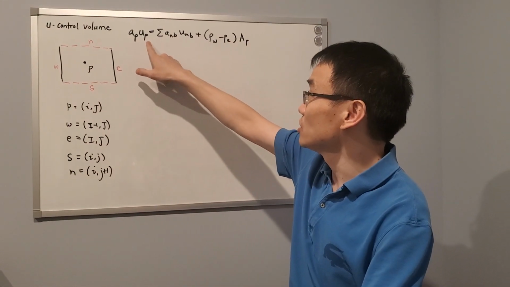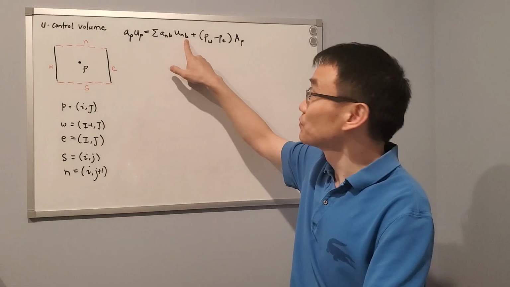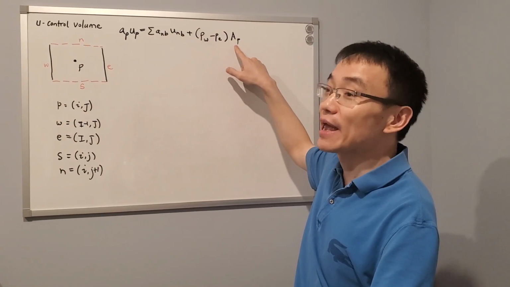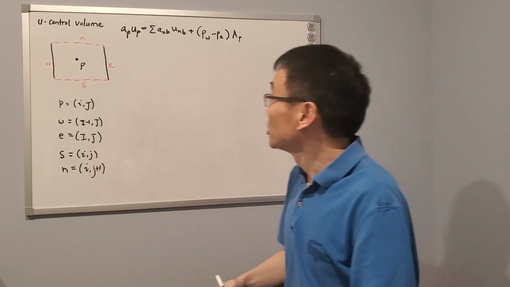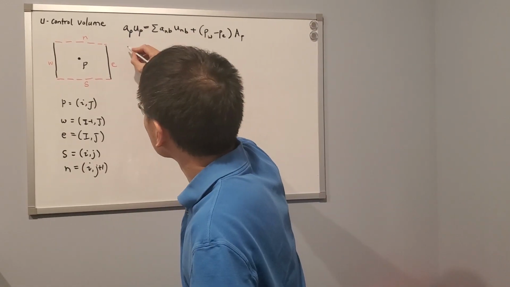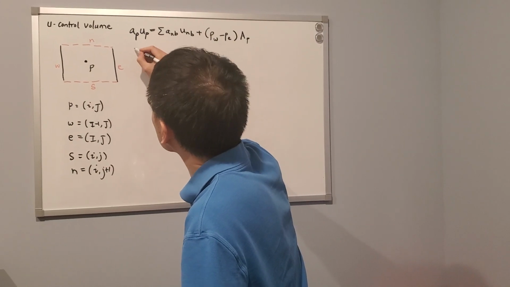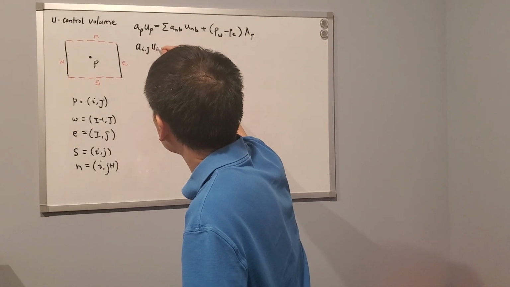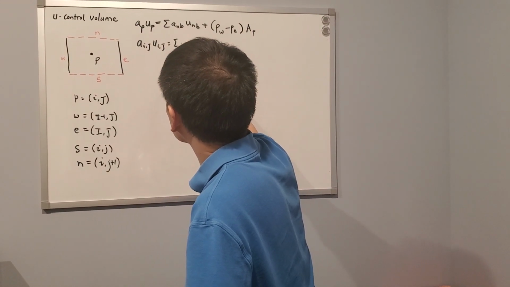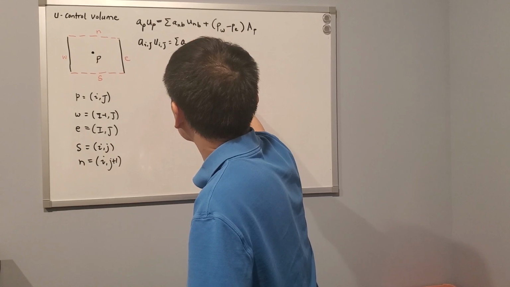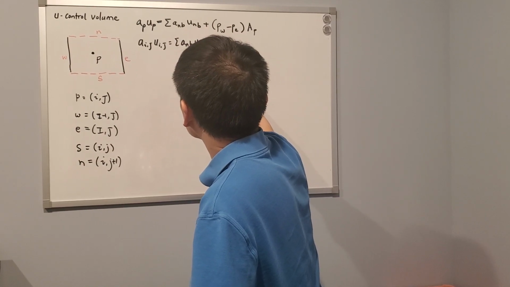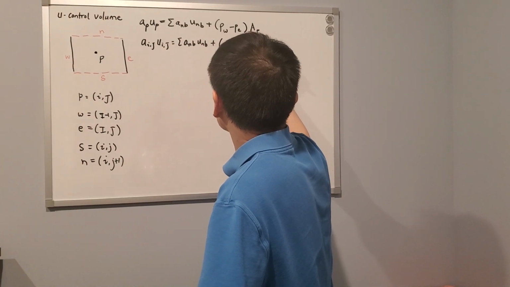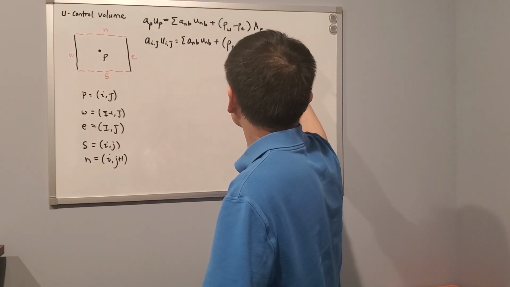So AP UP will be the summation of A neighbor, U neighbor, plus PW minus PE times AP. Here AP, if we use 2D indices, it's going to be AIJ UIJ, equal to the summation of A neighbor, U neighbor, plus P(i minus 1, J) minus P(i, J).